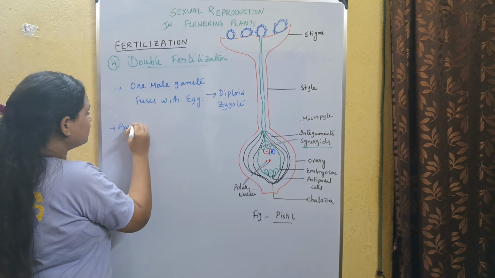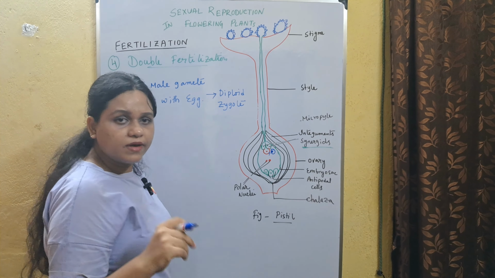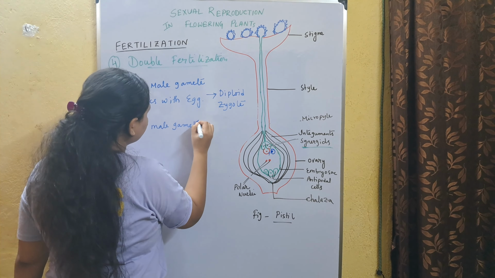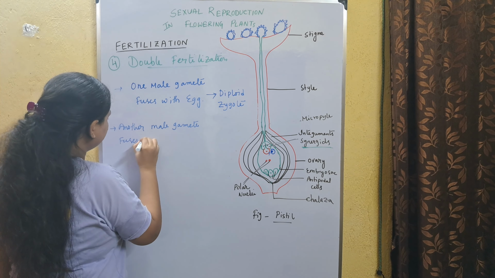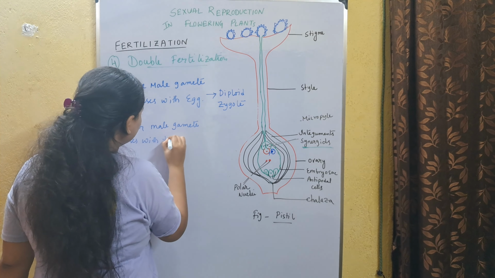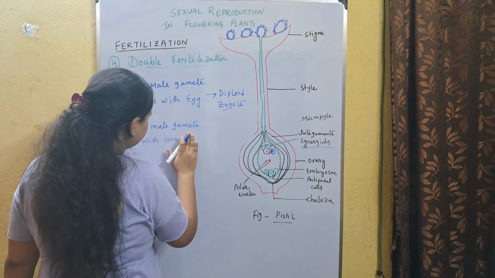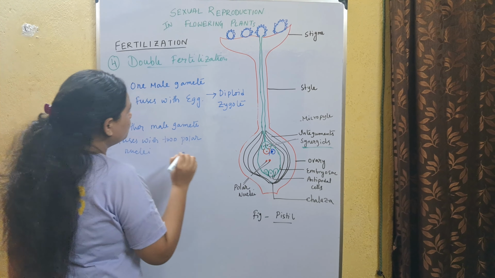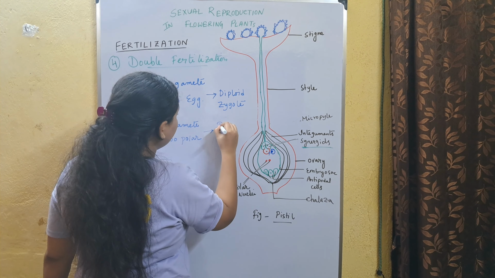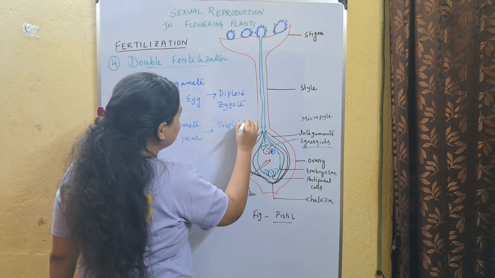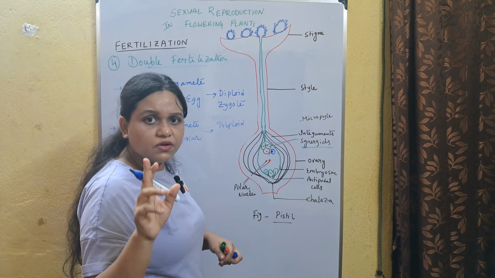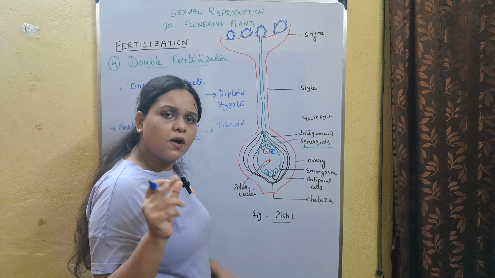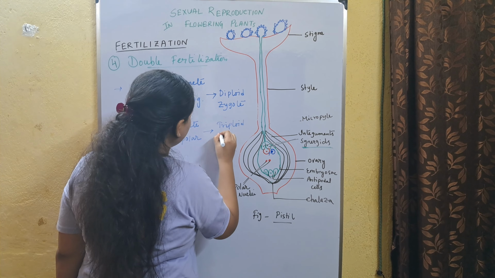Another male gamete, as we know the generative cell has two male gametes, fuses with two polar nuclei, forming triploid. As we know, if there is fusion of two nuclei, it forms diploid, and if there is fusion of three nuclei, it forms triploid. Triploid endosperm.